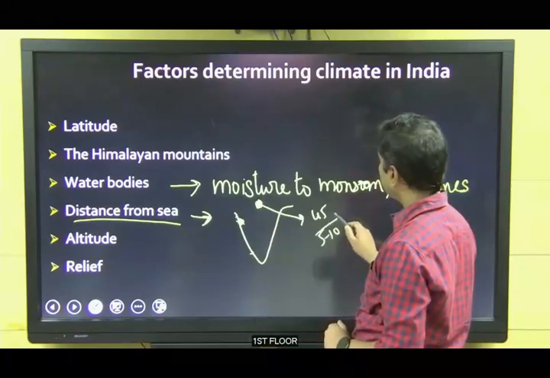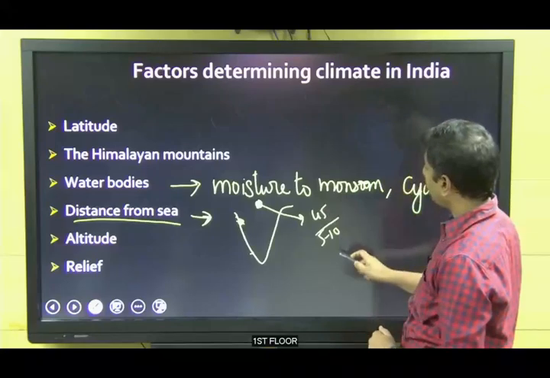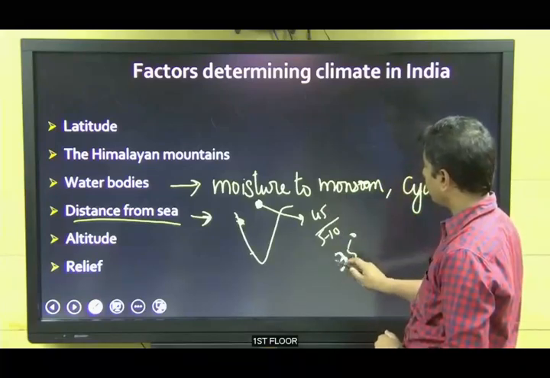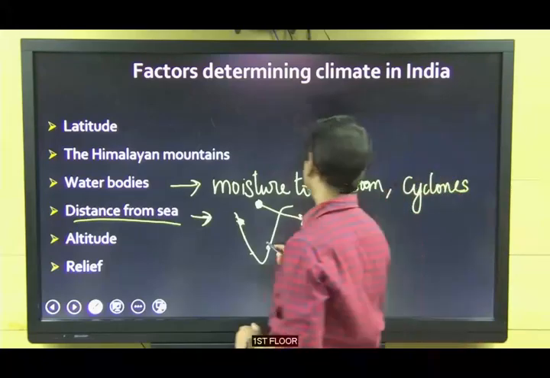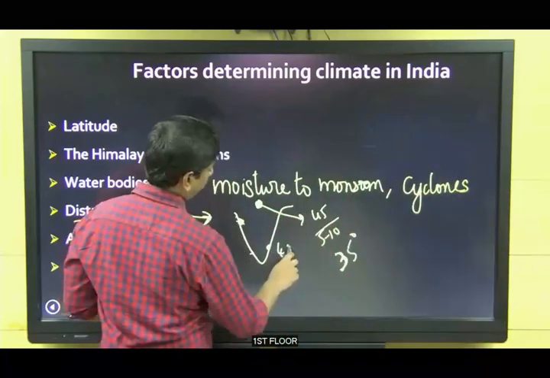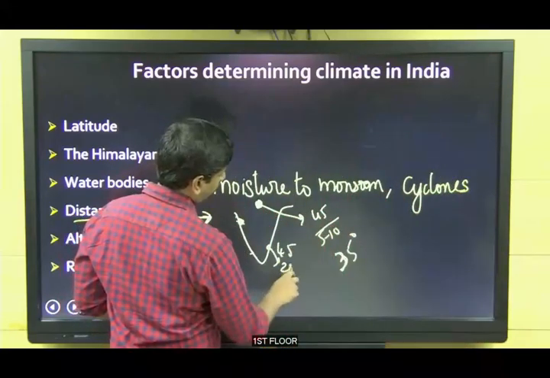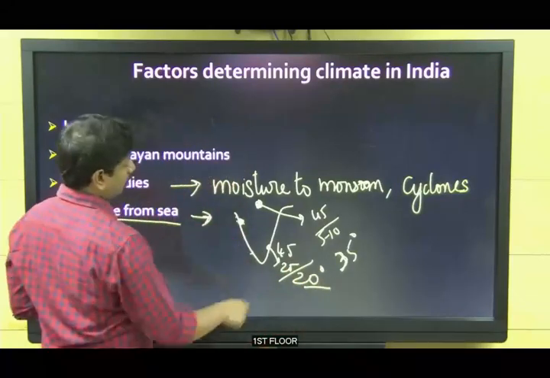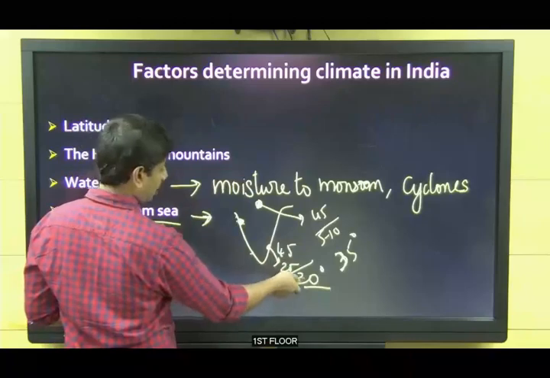So the difference is 45 minus 10, almost 35 degree difference between summer and winter. If you take Chennai, summer would be around 45, winter would be around 25. So only 20 degree difference. Okay, even less than that.